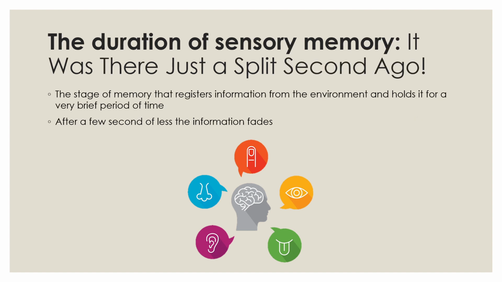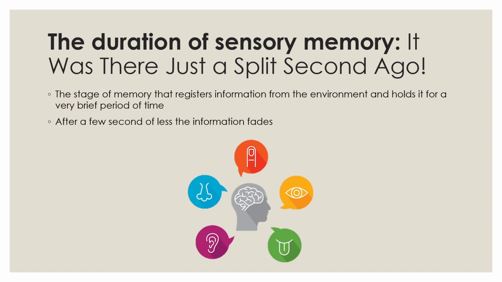If we talk about the duration of the sensory memory, again, I have used a short caption to define it: it's like it was there just a split second ago. It is the stage of memory that registers information from the environment and holds it for a very brief period of time, and after a few seconds or less, the information fades.